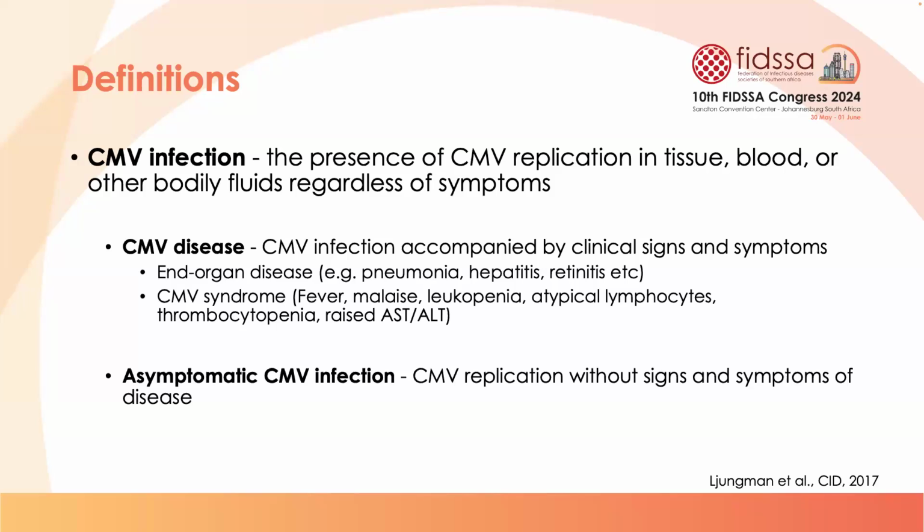That can be end organ disease, as I mentioned, things like CMV pneumonitis, colitis, retinitis, or the CMV syndrome, where there's no specific organ disease, but there's a syndrome which has certain criteria, including fever, leukopenia, atypical lymphocytes, etc. And then obviously you can have asymptomatic CMV infection where you've got a positive, say, viral load, but without any symptoms of disease.